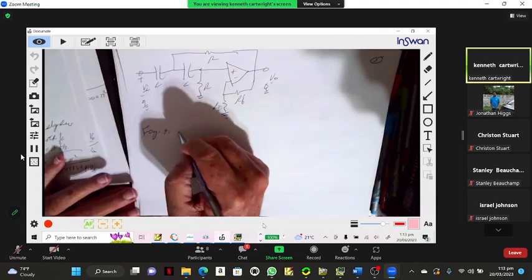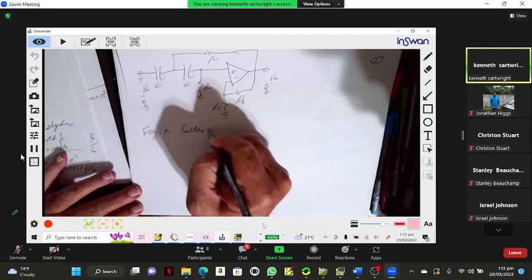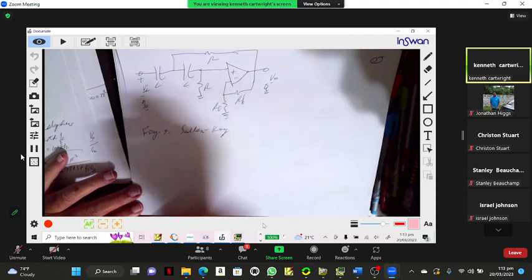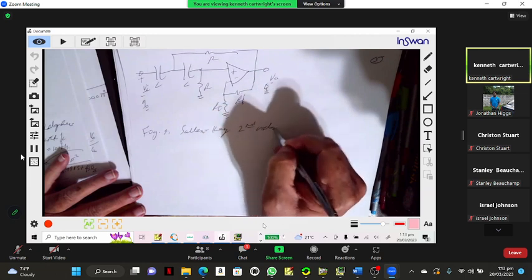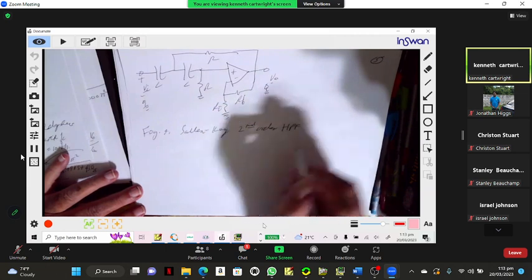So this is the second order high pass filter.